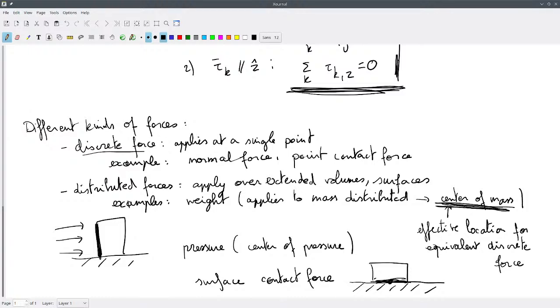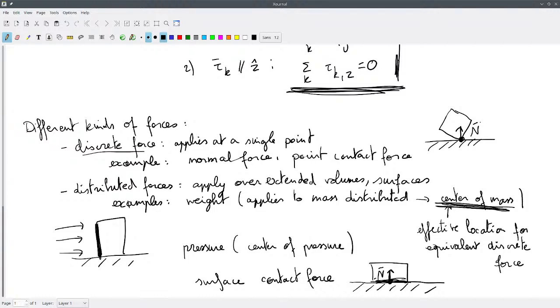So in this case, we can say that effectively the equivalent location for an equivalent discrete force will be at the center of that surface area, whereas for a point contact, that's what we get if we have only a single point where there is contact.